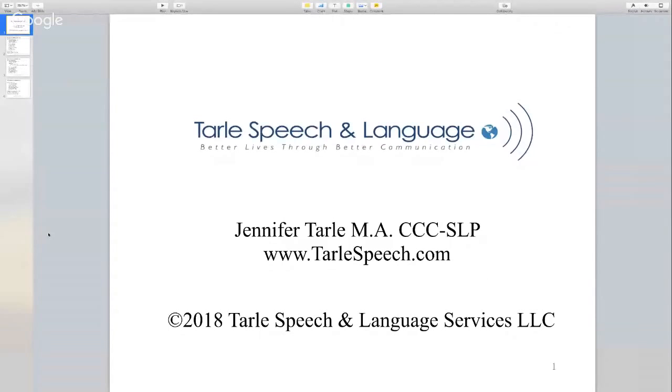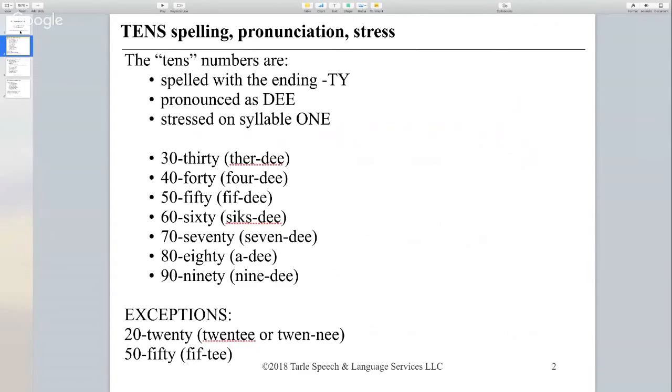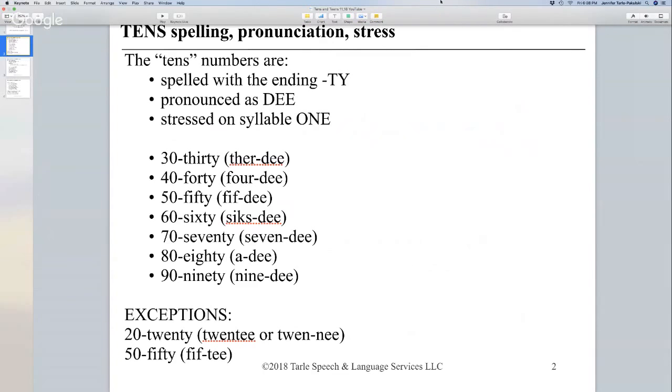All right, so we are talking tonight about the teens and tens pronunciation. So when we have words that are the teens, which would be 13, 14, 15, 16, and the tens, 30, 40, 50, 60, there's a certain pattern that you can use and that you can apply to be better understood.